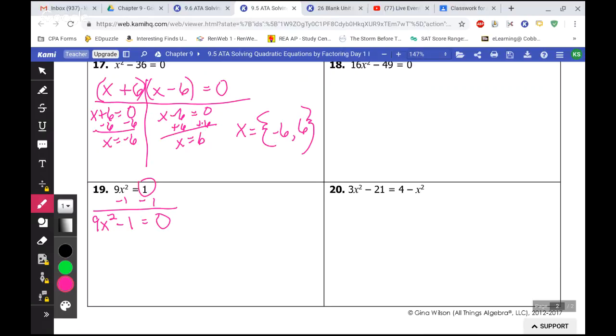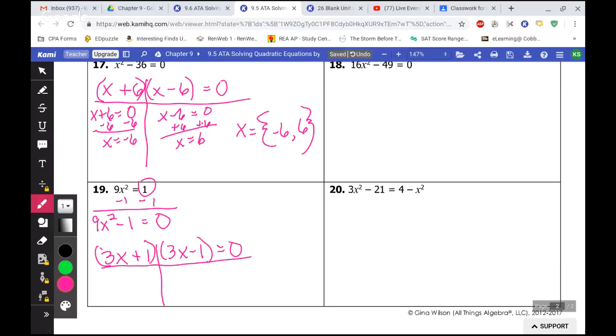So what is the square root of 9x squared? 3x. It is. Good job. And the square root of 1? 1. Good job. So we'll write it as 3x plus 1, 3x minus 1 equals 0.